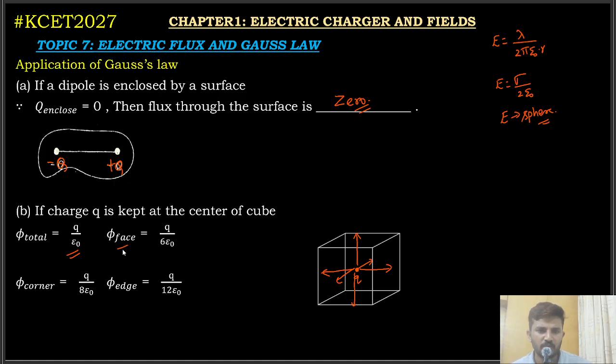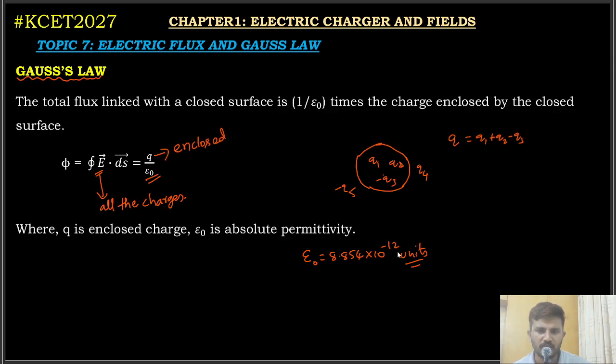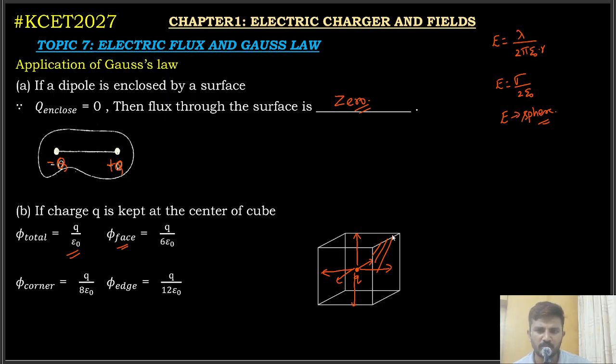And if you want to calculate the flux through each face, it divides equally. Each face flux is given by q by 6 epsilon naught, because the cube has 6 equal faces. So flux also gets divided by 6.